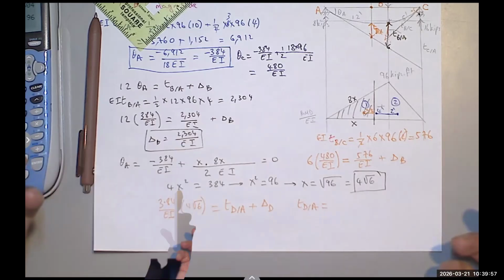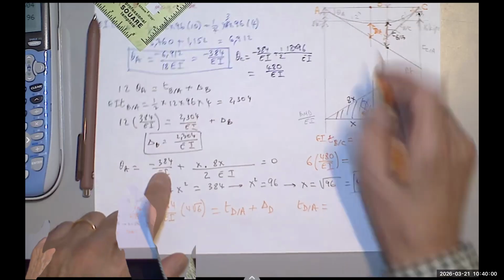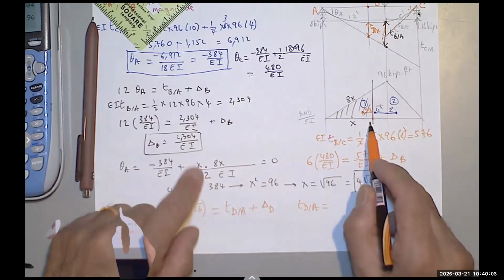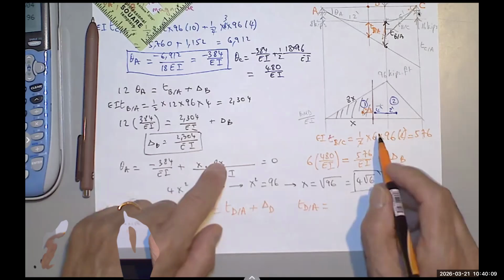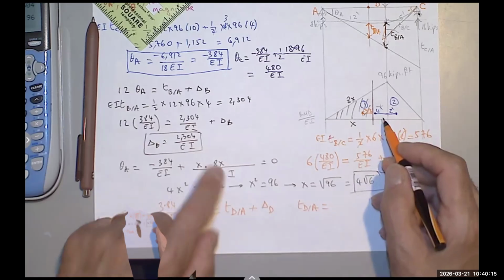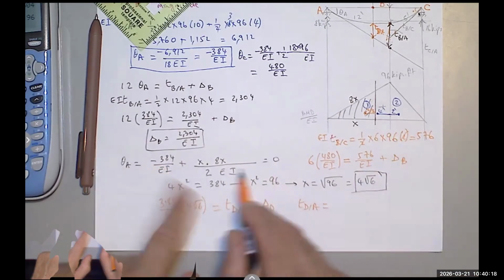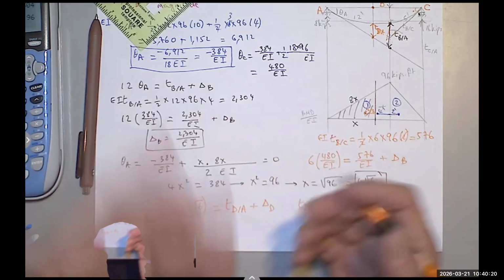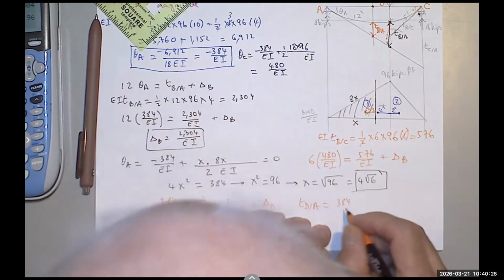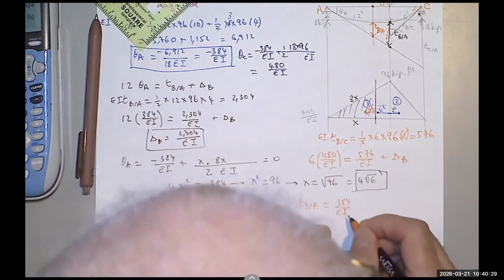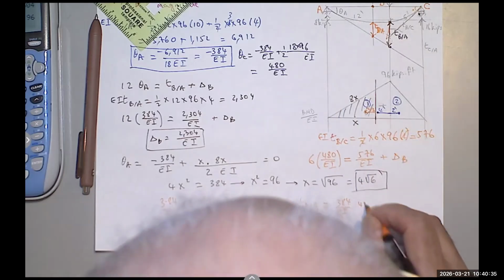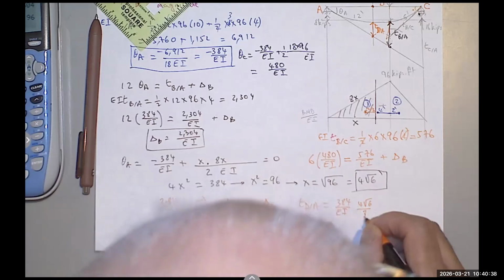But I think it's a waste of time because you are going to say this area is one half times x, which I'm going to replace by 4 root 6, by 8x, which is 8 times 4 root 6. But that equals this. So I say they are equal 0. So as a magnitude, that has to be 384 over EI. Right? That's the whole area. And then multiply it by 4 root 6 over 3.